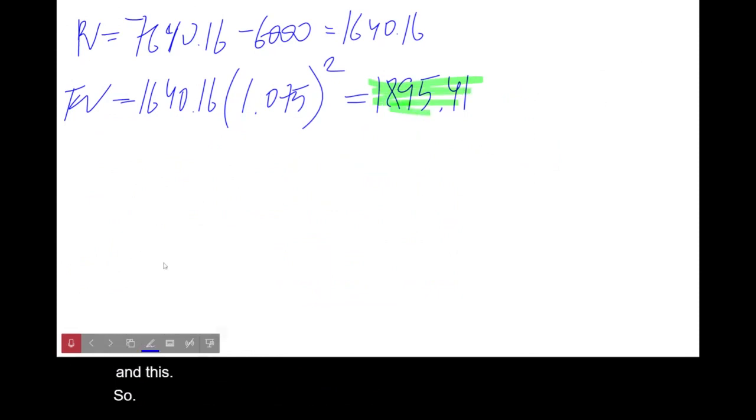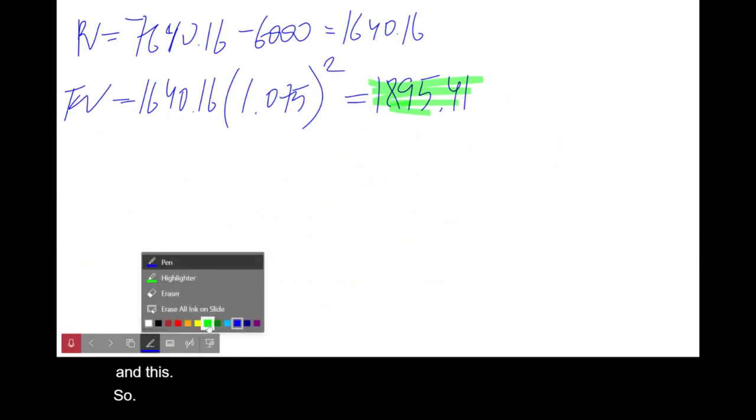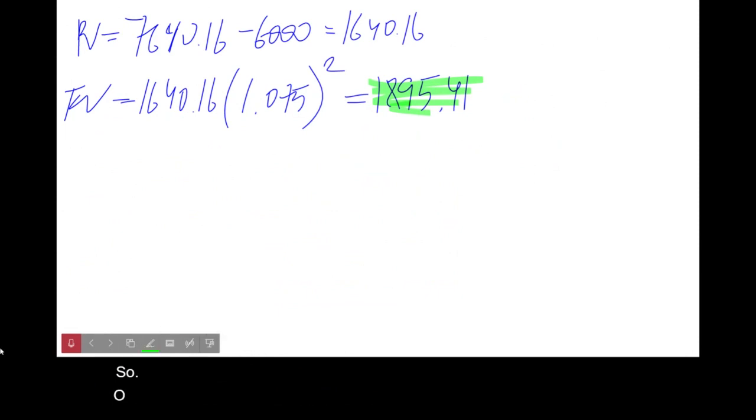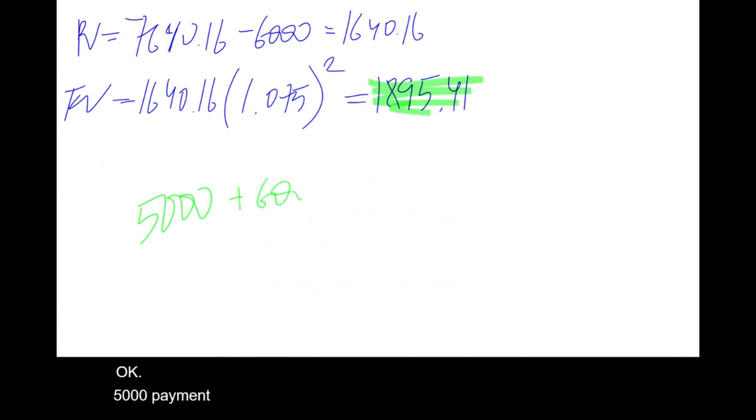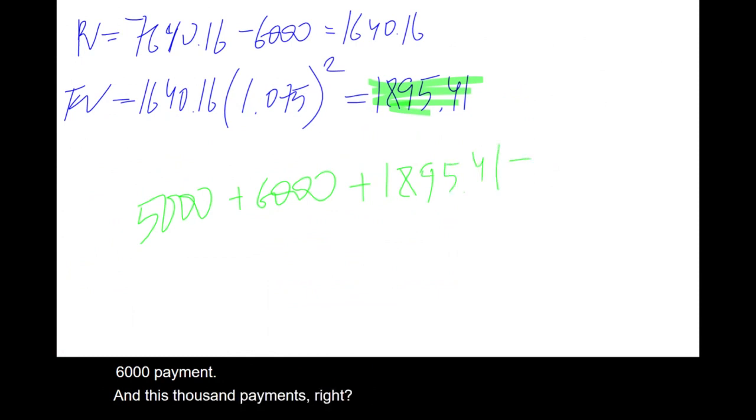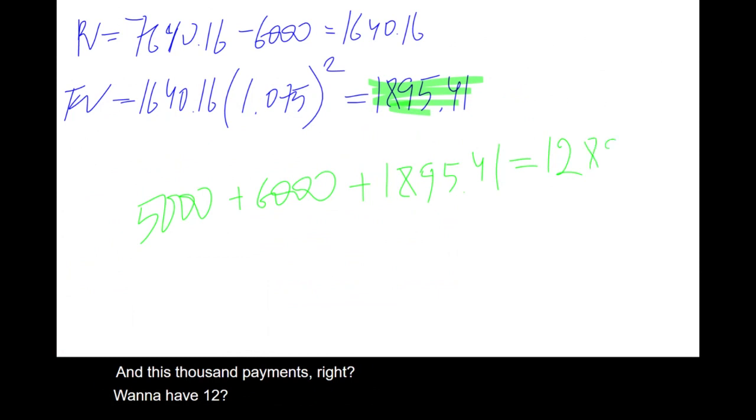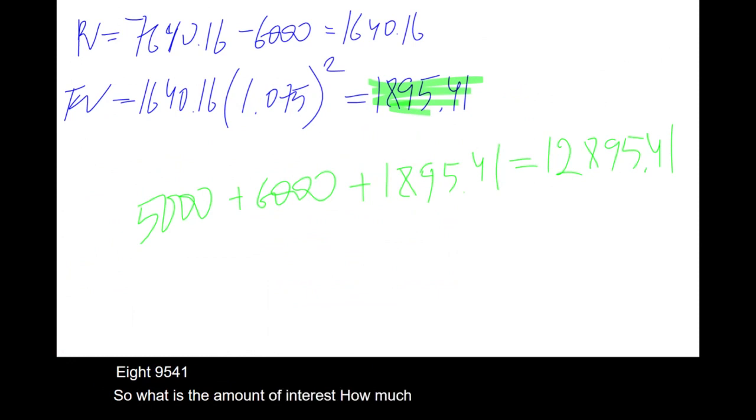So 5,000 payment, 6,000 payment, and this last payment, right? What I have is 12,895.41. So what is the amount of interest? How much interest did we pay, guys?